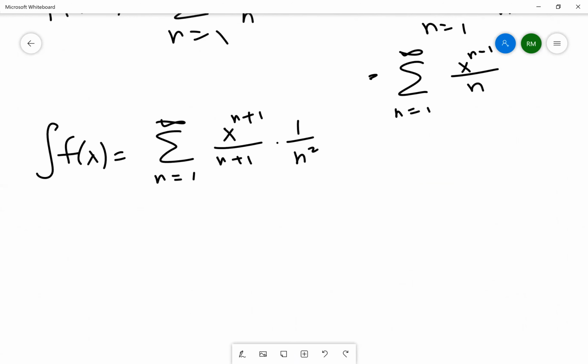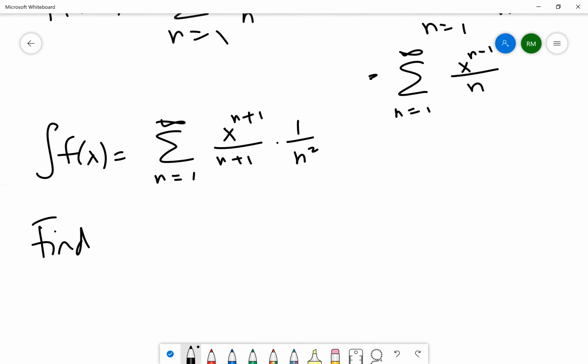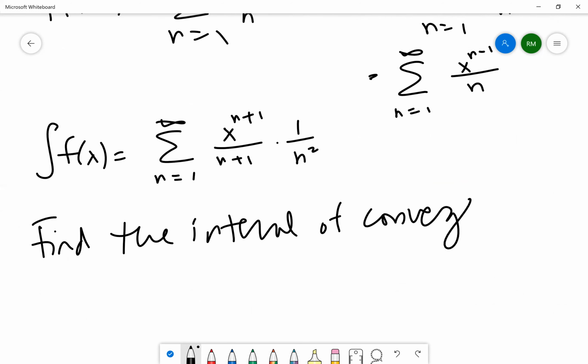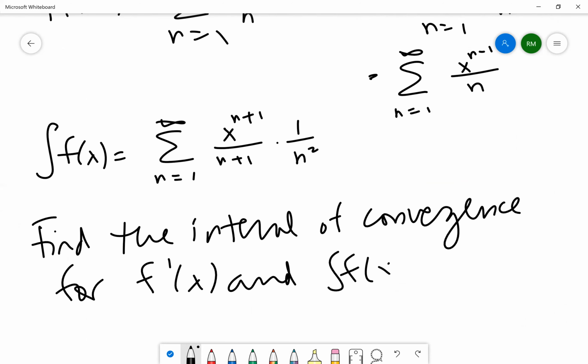The last thing I have you do is find the interval of convergence for the derivative of f and the integral of f.